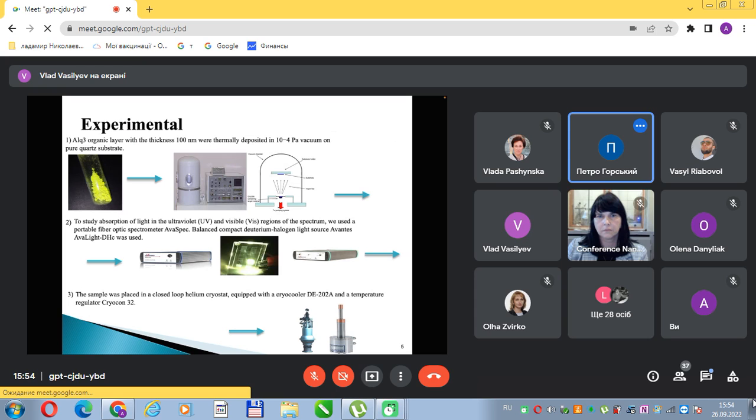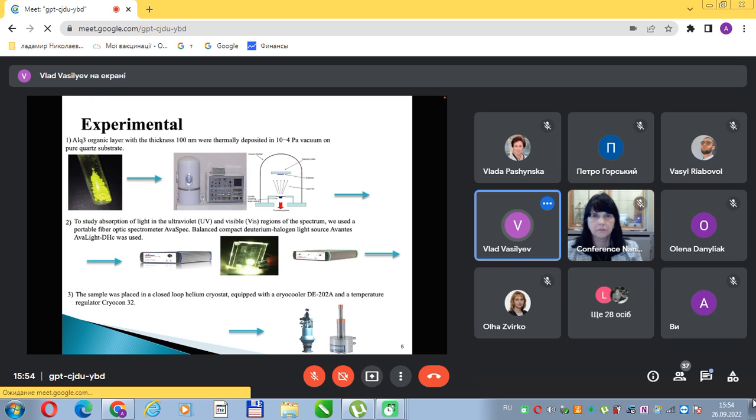Aluminum Q3 organic layers with a thickness of 10 nanometers were thermally deposited in 10 to the minus 4th power Pascal vacuum on a pure quartz substrate. Thickness control during the process was provided by a quartz crystal deposition rate controller.